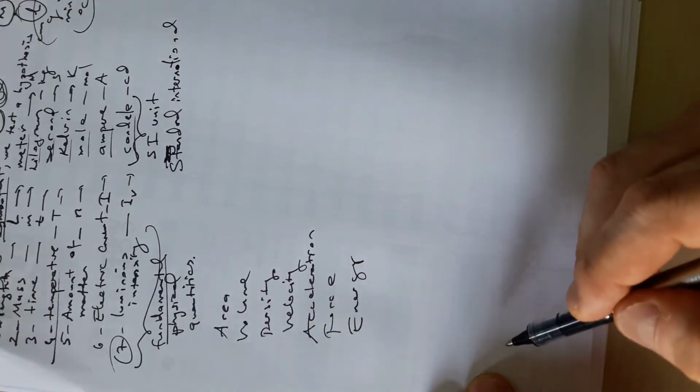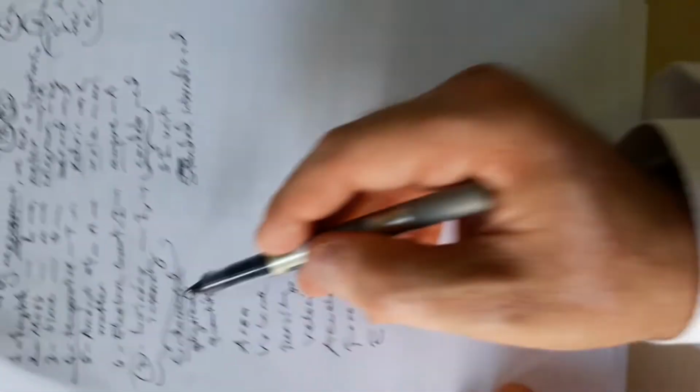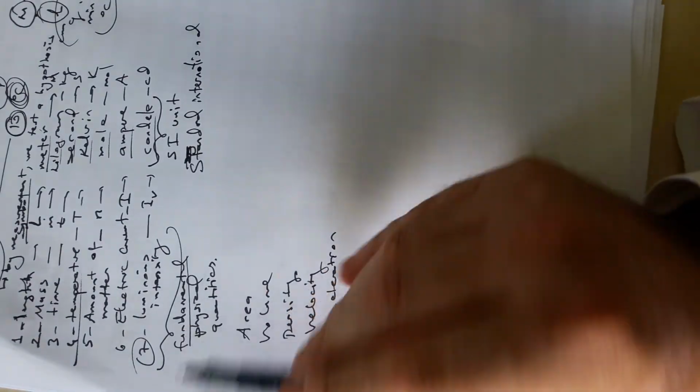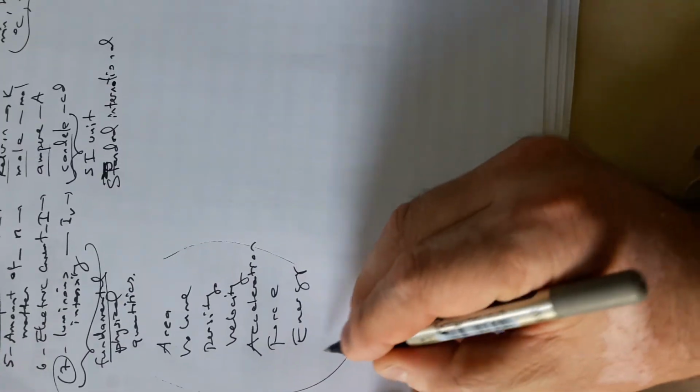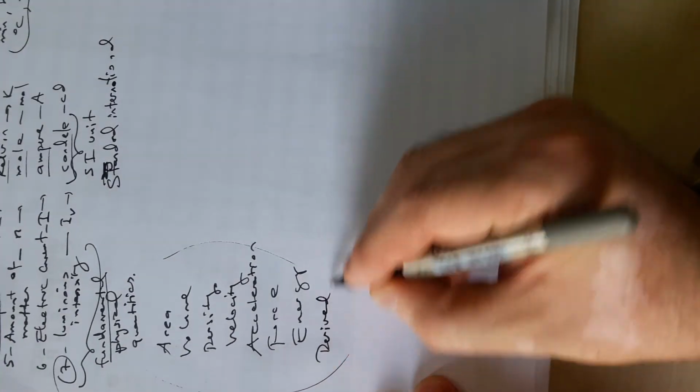These are also physical quantities, but they are different. These 7 are basic, fundamental quantities. The others are called derived quantities.